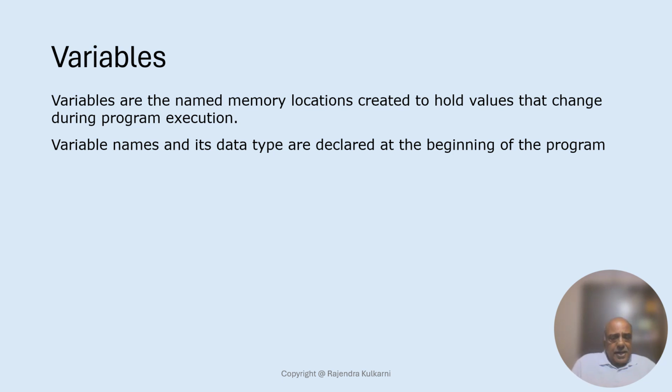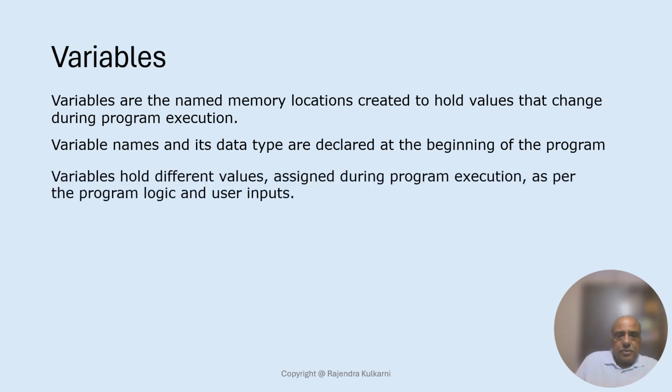We can declare it anywhere in the program. The only requirement is that when you are going to use that variable, it must first be declared and then used. Variables hold different values assigned during program execution as per the program logic and user inputs.